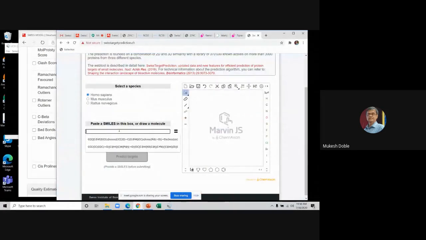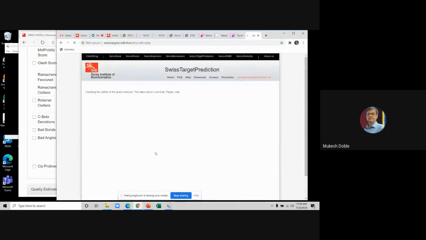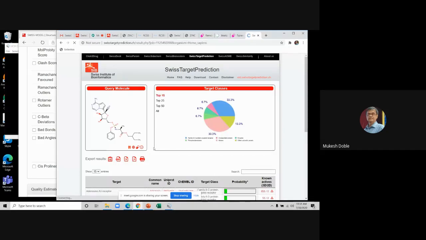So I put it in, this is remdesivir, and I said predict target. Remdesivir is one drug which is currently being looked at for possible treatment of COVID-19. Yeah, so remdesivir, it's done.